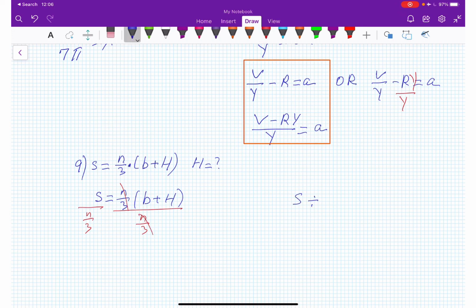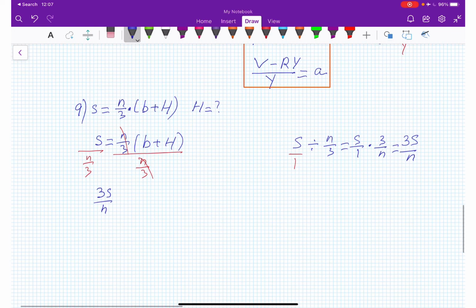So this is going to be over 1, right? S over 1 times 3 over n. We flipped it, and we get 3S over n. So we get 3S over n is equal to b plus h.